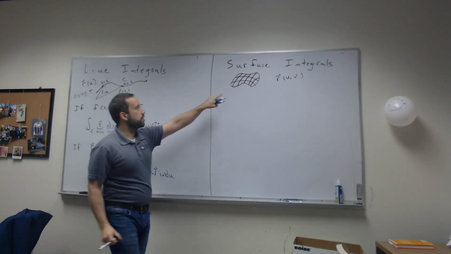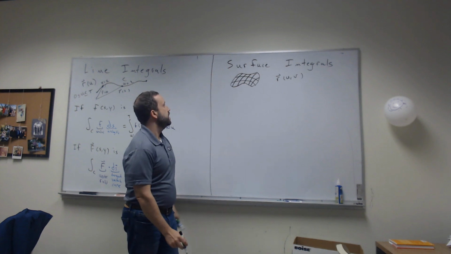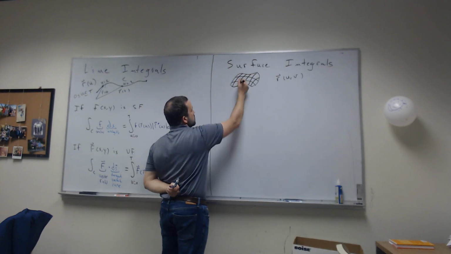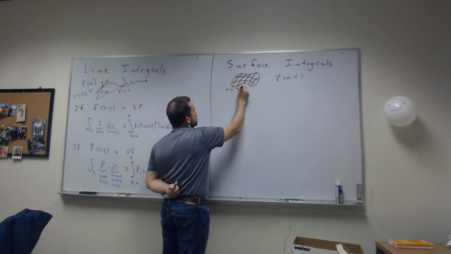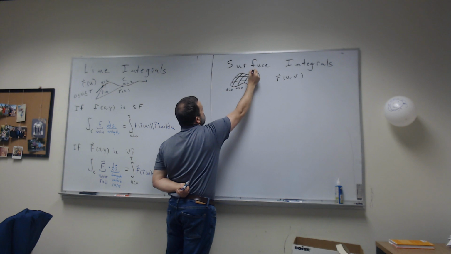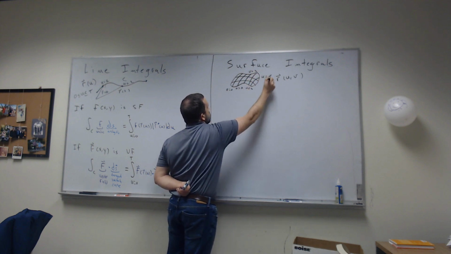In a similar manner, the parameters u and v give us coordinates on the surface here. Maybe these lines represent fixed values of u: u equals 0, 1, 2, 3, 4.